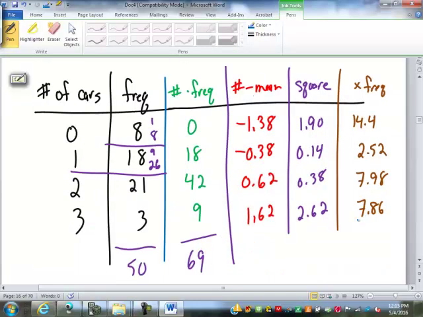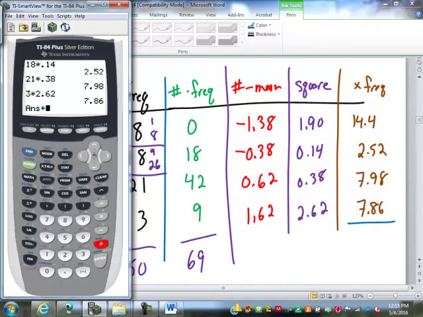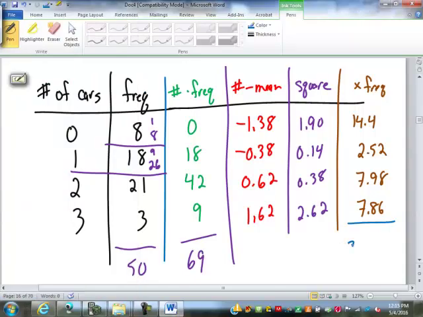So next step is to add those up: 7.86 plus 7.98 plus 2.52 plus 14.4 is 32.76.